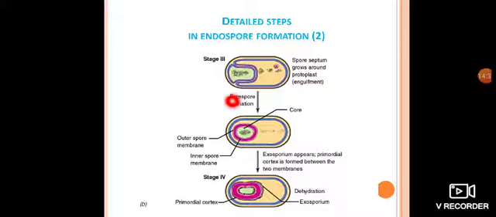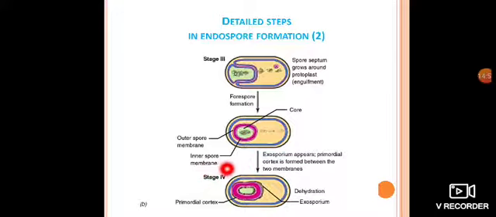Okay, after that it will form the stage 4 spore formation, which means an additional layer surrounds the spore. Here in the diagram we can observe the pink color portion, which is the additional external layer of the spore.